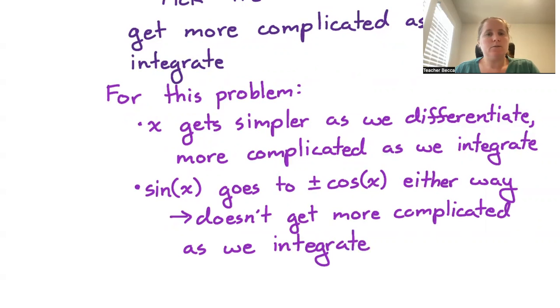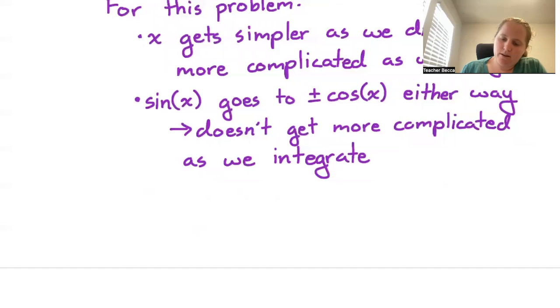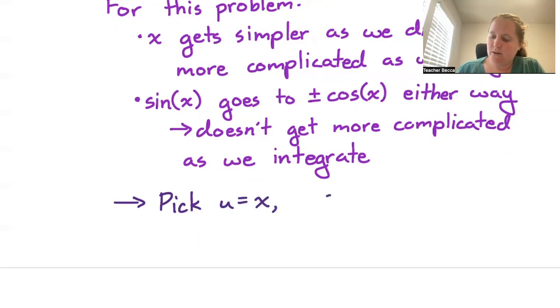So since sine doesn't really matter either way, and since x does get simpler as we differentiate, we'll go ahead and pick our u to be x, and we'll pick our dv to be sine of x dx.